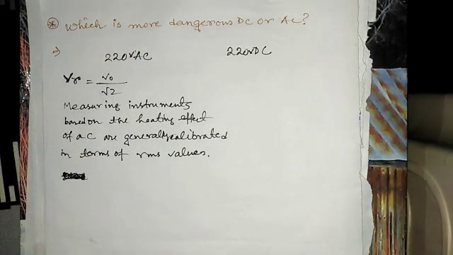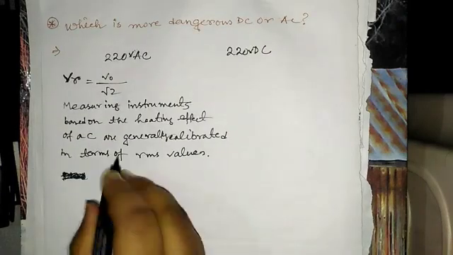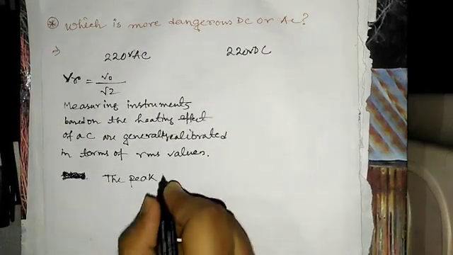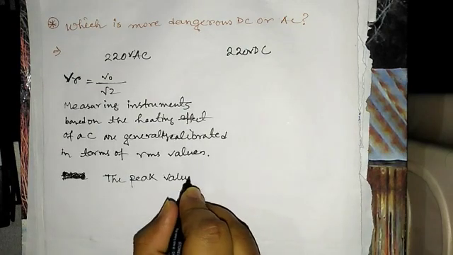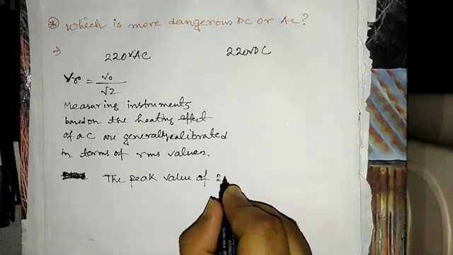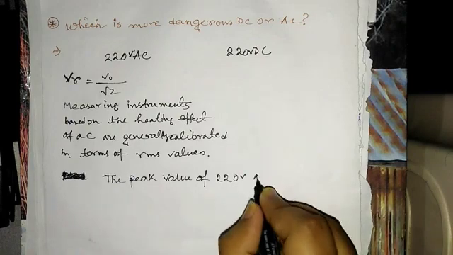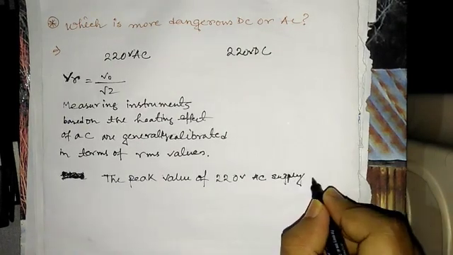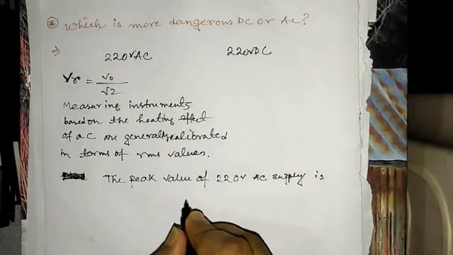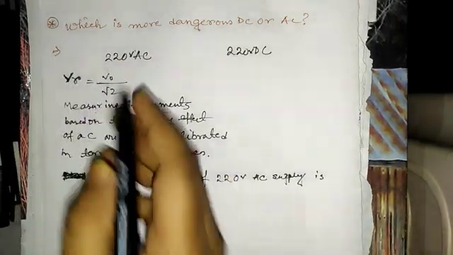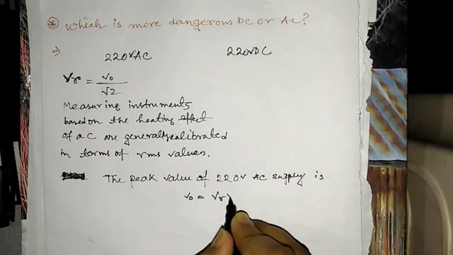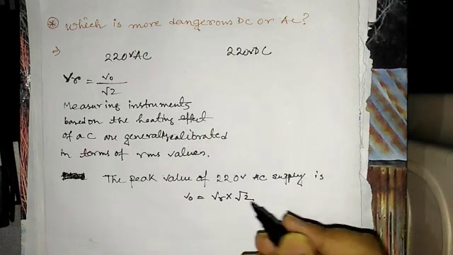So the peak value of 220 volt AC supply is, from here we know, V0 equals VR into root 2.